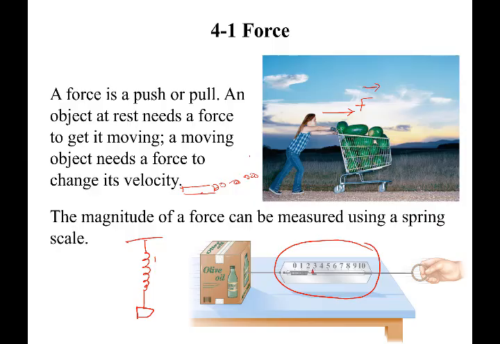Now there are some examples where you don't need to have contact. For example, Earth exerts a very small force on an object which is very light, for example a fly. Even a fly has a gravitational pull towards the Earth.